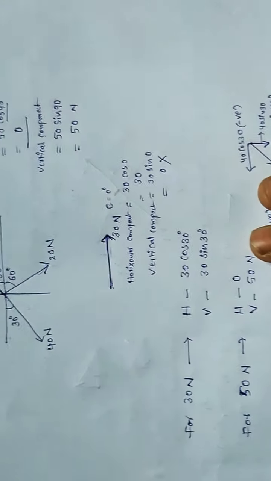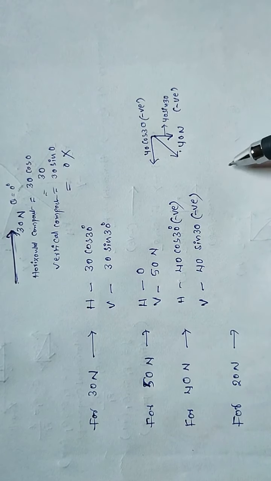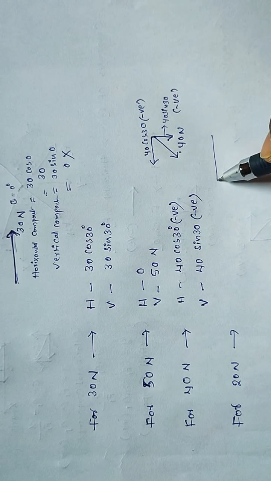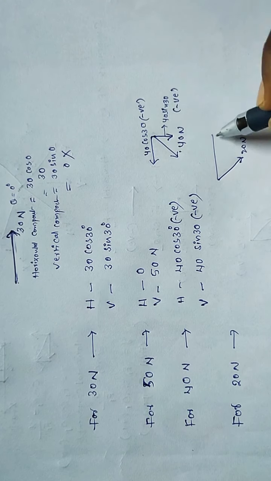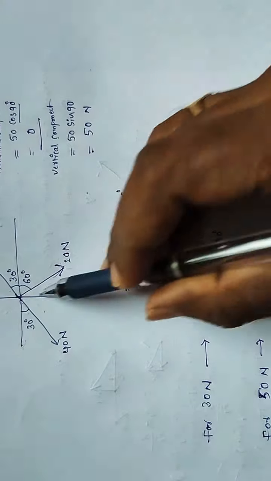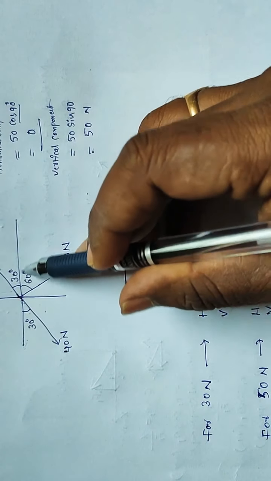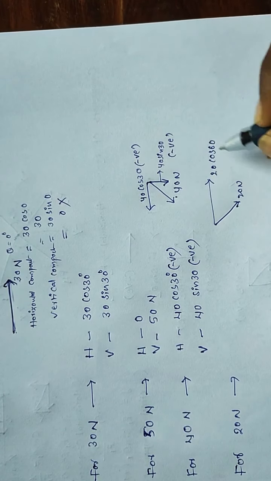One more force is there, 20 Newton. For 20 Newton, the horizontal component is making an angle 60 degrees. So horizontal component is 20 cos 60.